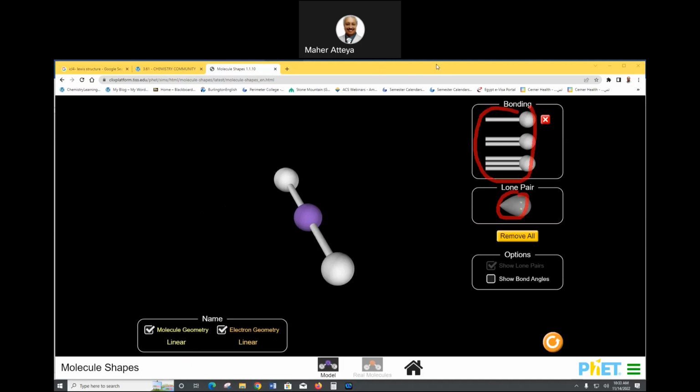So if you just consider the single, double, or triple bonds, then you speak about molecular geometry. If you consider everything, including the lone pairs, then you speak about electron geometry. So that's the difference. Electron geometry looks at the whole molecule, including the lone pairs. The molecular shape or geometry does not include the lone pairs.